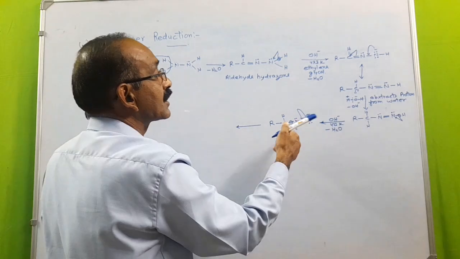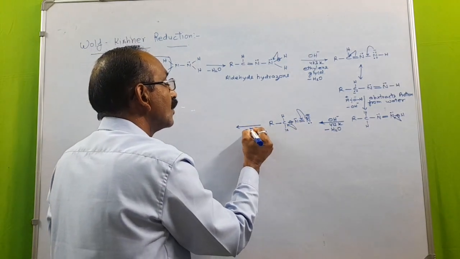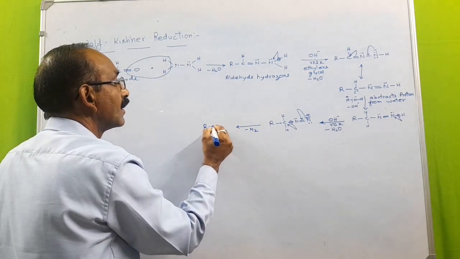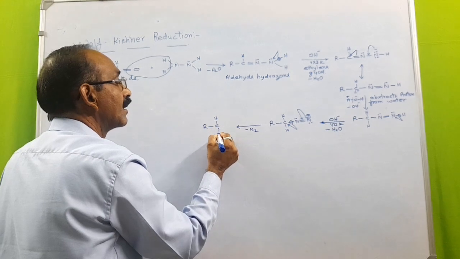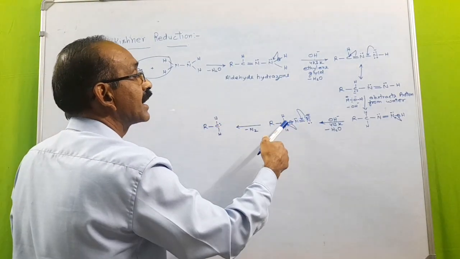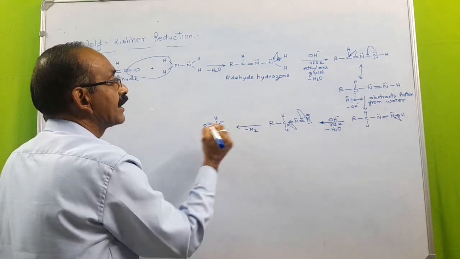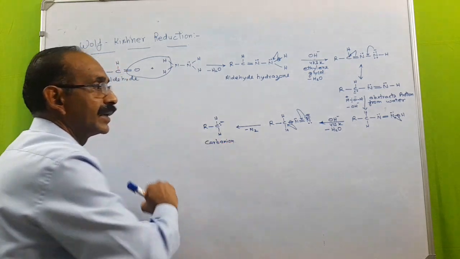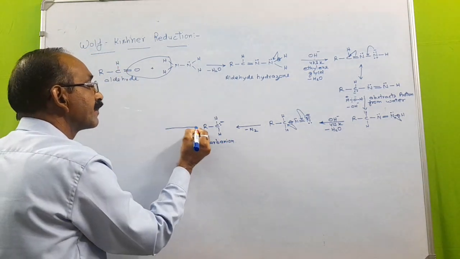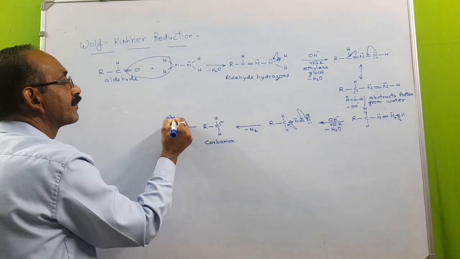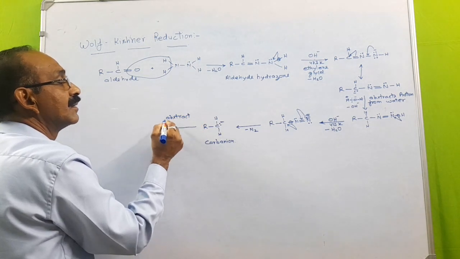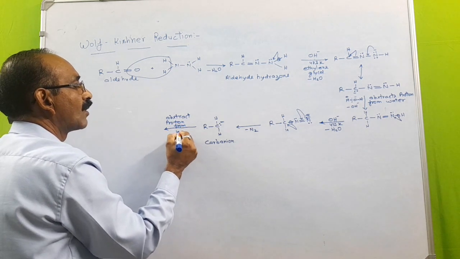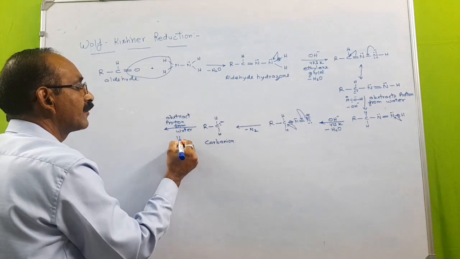And now when the 2 electrons come in between the 2 nitrogen atoms, N2 molecule is set free, and here you will get a carbanion. As the 2 electrons come over the carbon, the carbon will become negatively charged, and we will get a carbanion. Now this carbanion will abstract a proton from water.